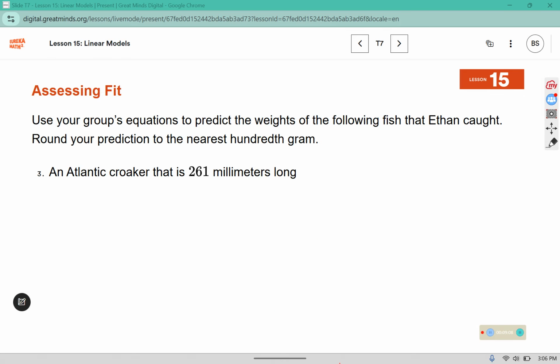Use your group's equations to predict the weight of the following fish that Ethan caught. Round your prediction to the nearest 100th gram. So that's 2 decimal spots. An Atlantic croaker that is 261 millimeters long. So we'll take the equation from one of our group members to help us solve this. So here's the equation that they had. We're going to replace the x value with 261.